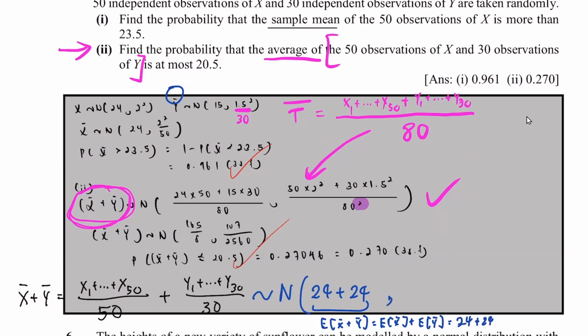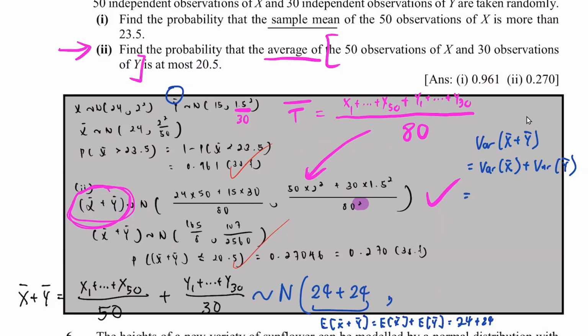Then, comma, the variance will be the variance of x bar plus y bar. We're going to assume that x and y are independent, so x bar and y bar, which are made up of xi's and yi's, are also independent. So we can split it up as a sum. Is this accurate? I hope it's accurate.